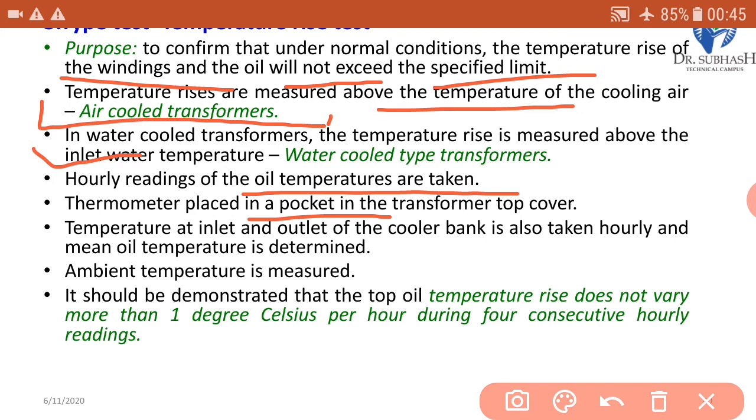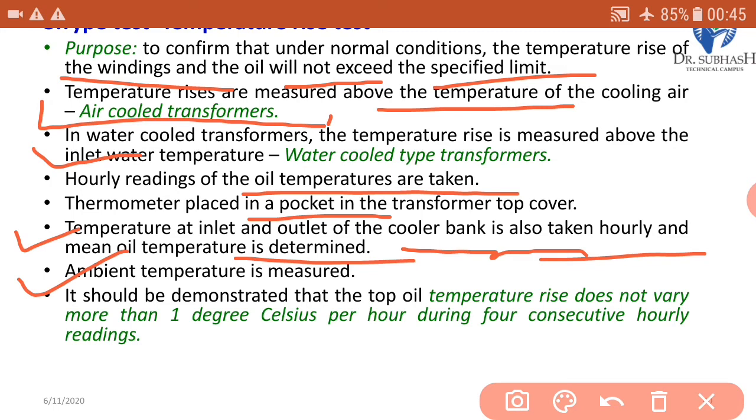Thermometer is the instrument to measure the temperature. And then temperature at inlet and outlet of the cooler bank is also taken hourly, and mean oil temperature is determined. Ambient temperature is measured.